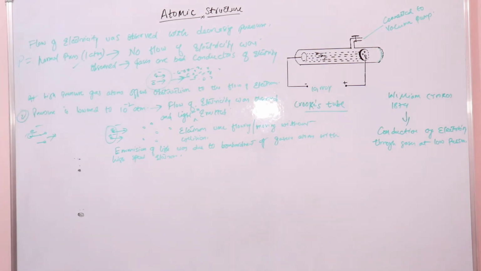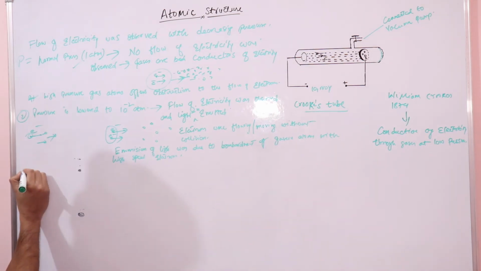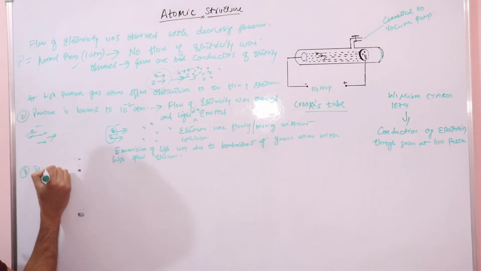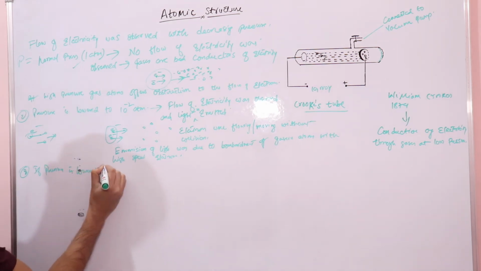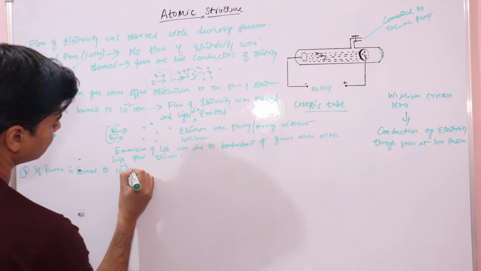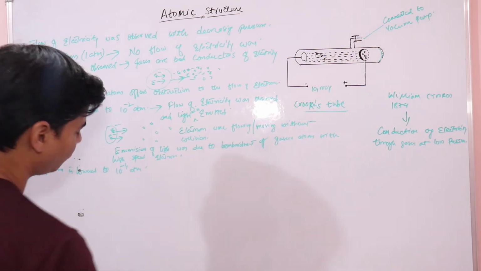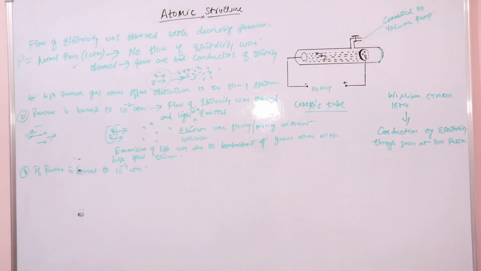Now the third point is, if the pressure is further lowered to 10 to the power of minus 4. When the pressure is further lowered, basically what we are doing is further reducing the number of gaseous molecules inside the discharge tube.